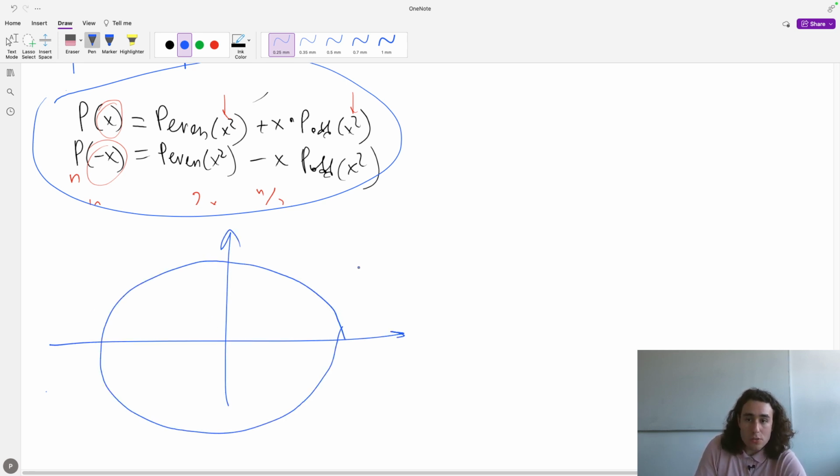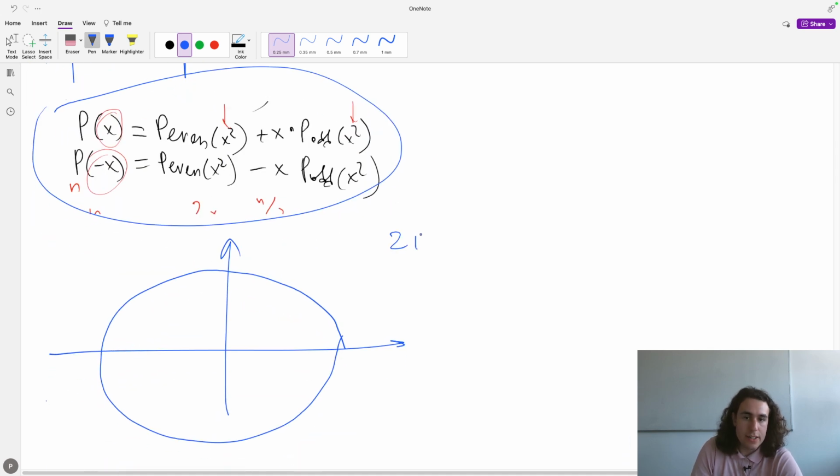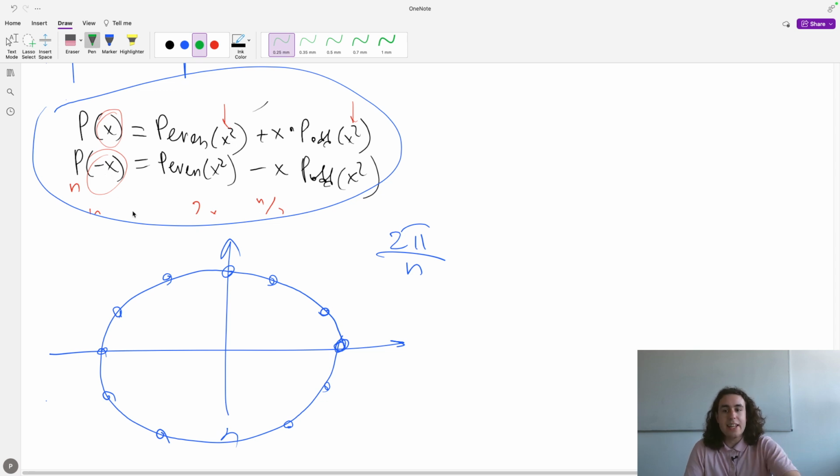We look at all angles that are multiples of 2 pi over n. So it's this angle, this angle, this angle, this, and this. And what does minus x mean? It means that we negate both our coordinates. So it's a value on the other side of the circle. So it's the symmetric one.